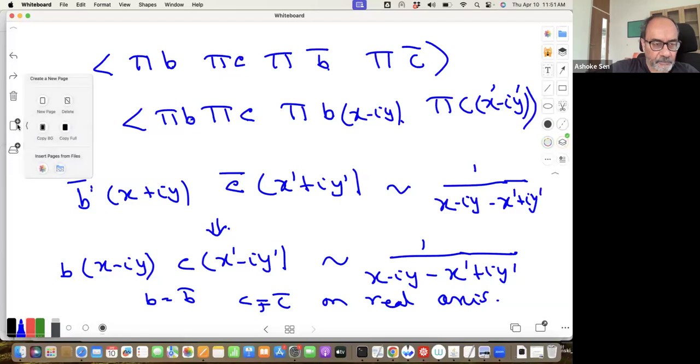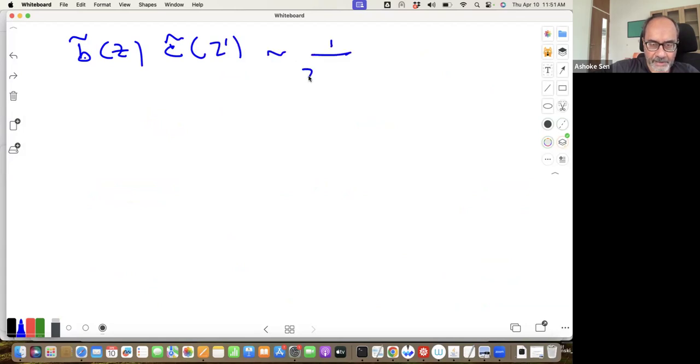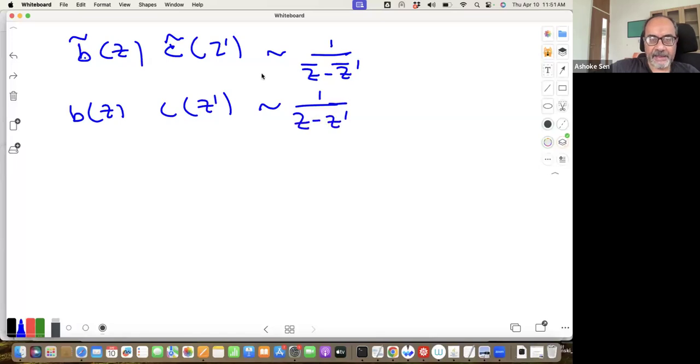So you remember what was the OPE, right? B bar, or B tilde, we had called it B tilde probably, right? It is B tilde of whatever argument, C tilde of z prime went as 1 over z bar minus z bar prime. And B of z, C of z prime went as 1 over z minus z prime. Where z and z prime represent where you have placed the operator.